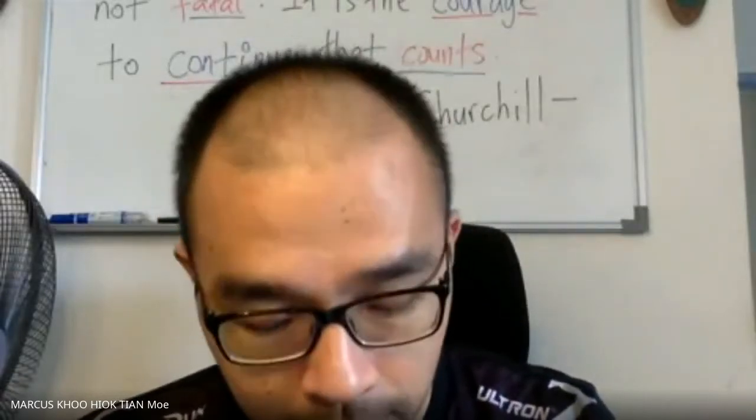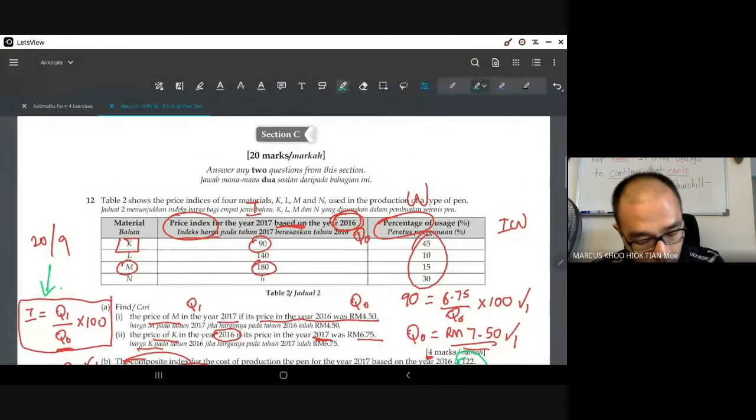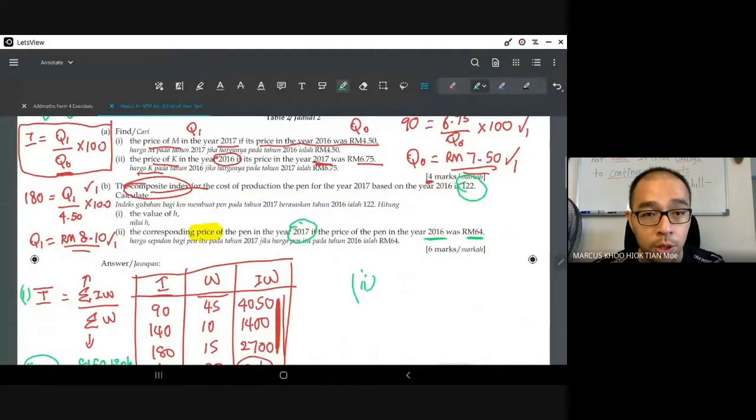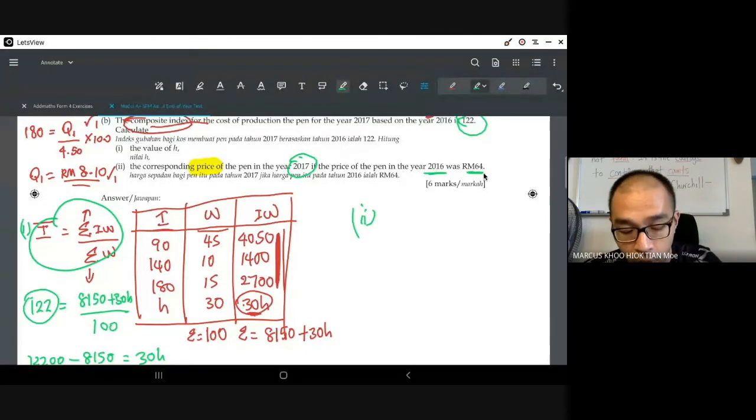The other formula doesn't have. So we don't look at this second one anymore; it is only a number. They say the price in 2017 if the price in 2016 is 64 ringgit.